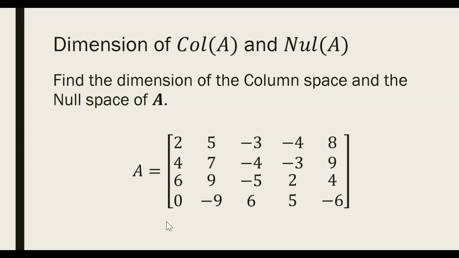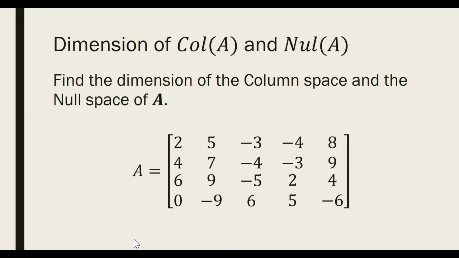Pivot columns indicated a basis for the column space of A. Free variables were going to create vectors which are in the null space of A, not create vectors which are in the basis for the column space of A. So let's go ahead and do that.